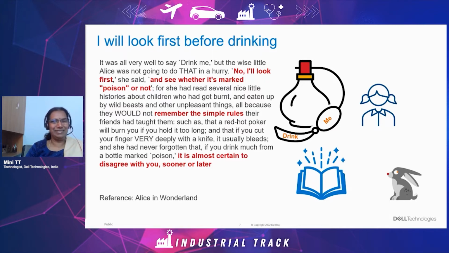So in this security environment also, these policies appear to be simple rules, but follow them, apply them before we allow access, before anybody is allowed into your system, or before the data is disclosed. And what the story is telling is, if you do not follow those, then it is almost certain to disagree with you sooner or later. So follow these principles.